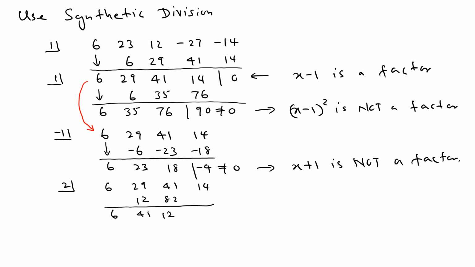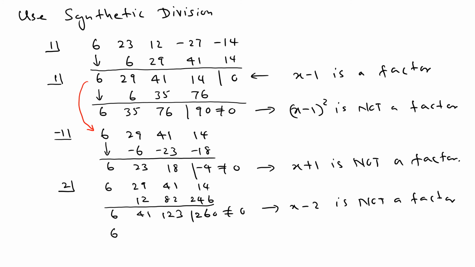You get 123, and then multiply, you get 246. It's very clear that it's not going to work, but I'm writing everything. So that means x minus 2 is not a factor. So let's try one more. What's the last one we can try? -2 maybe. So let's do that.